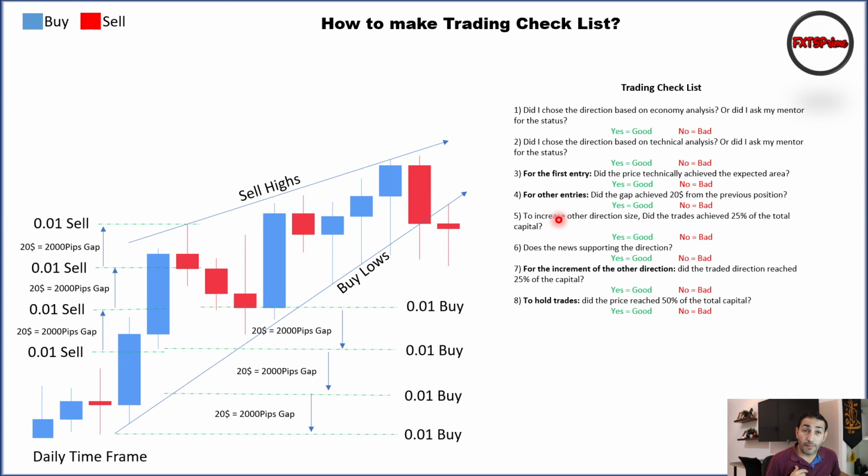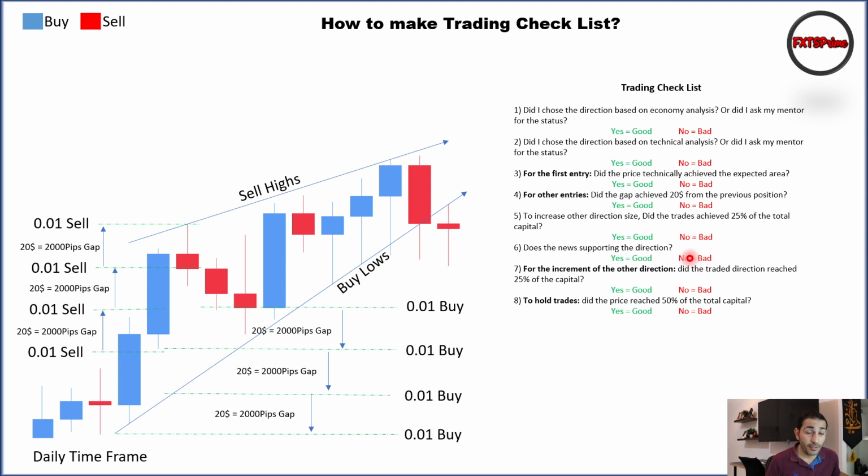So for the other entries, you have to ask yourself, did I achieve the gap of $20? Yes is good, no bad. So to increase the other direction size, you have to ask yourself, did the trades achieve 25% of my risk, of my capital? If it's achieved, yes, good to go. If it's not achieved, don't do it.